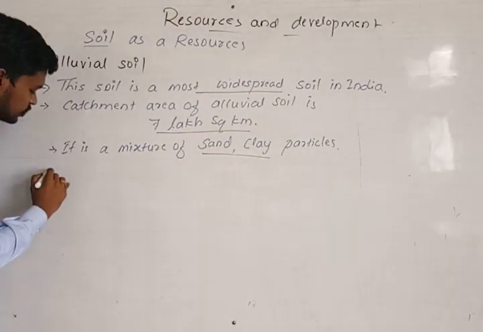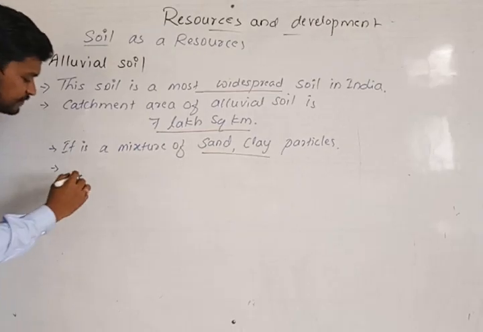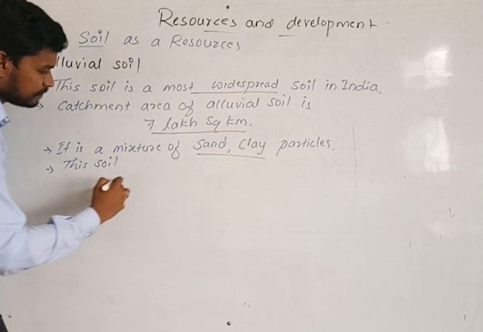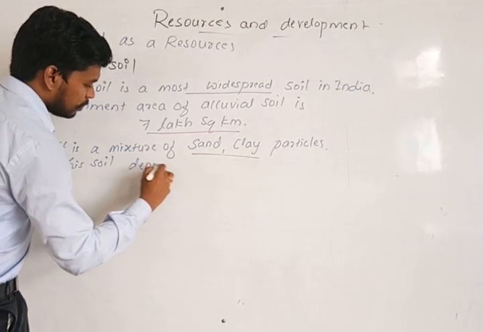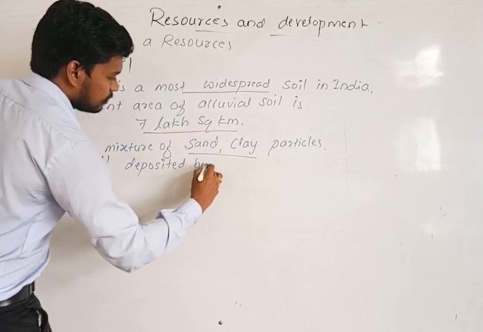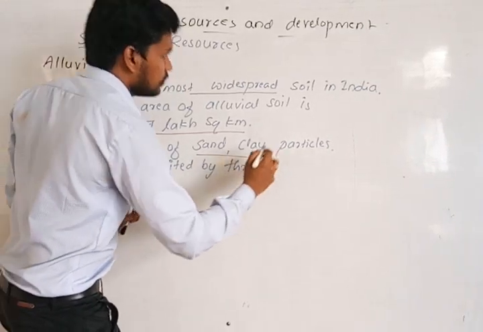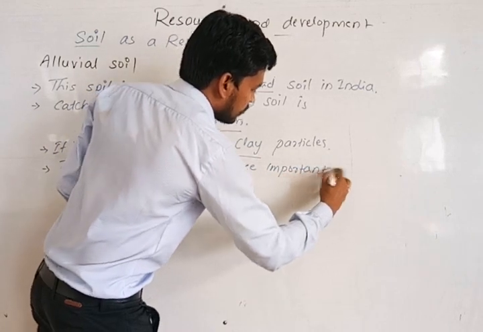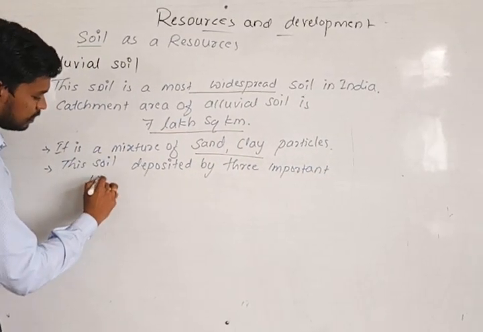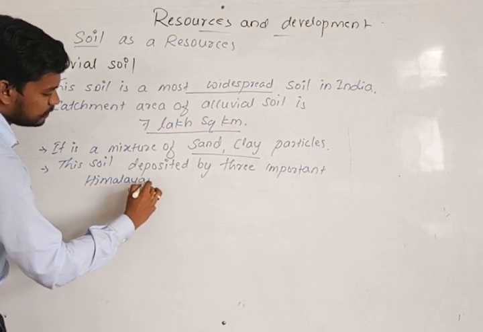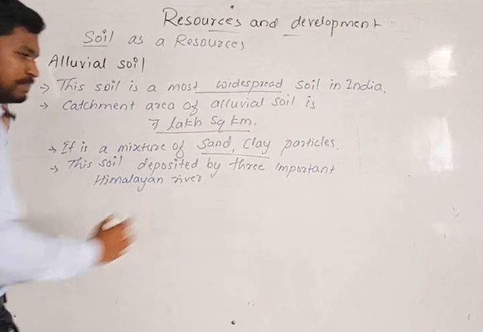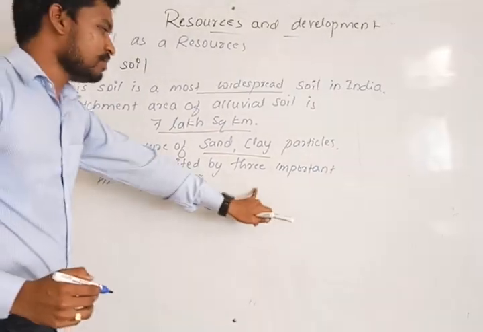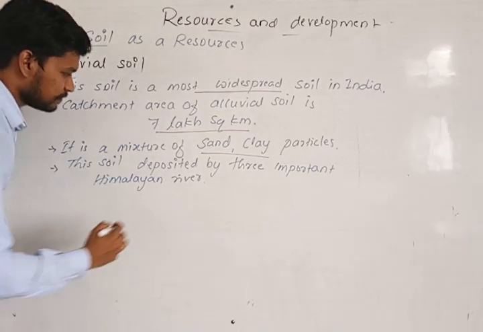This alluvial soil is mainly carried, deposited and formed by the work of three important Himalayan rivers. They are called Himalayan rivers because these rivers get their source of water from the Himalaya. So what are those?